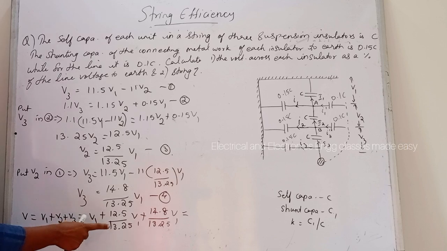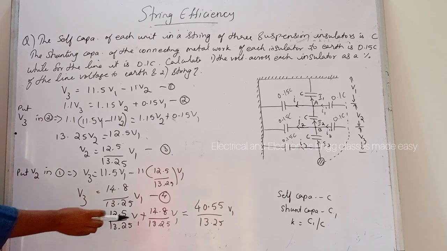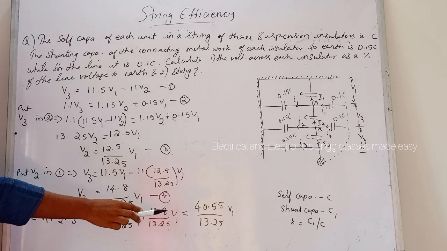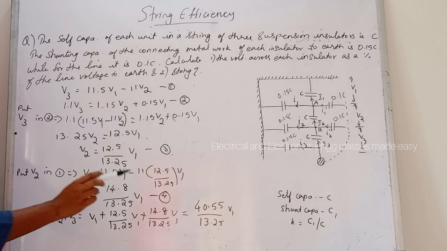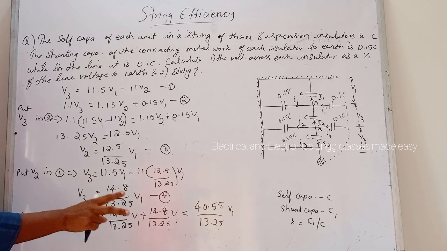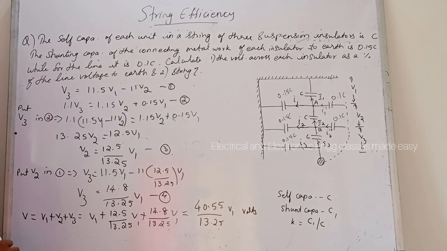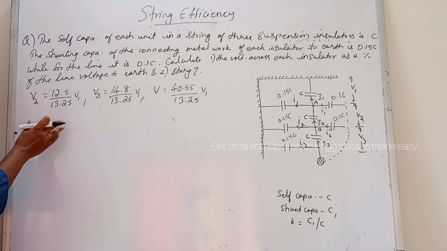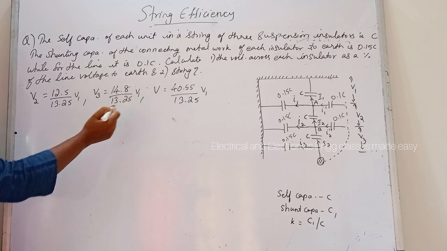After adding this we will get total voltage is 40.55 divided by 13.25 V1, that much volts. So these are the values obtained. So from this one we can find the value of V1.